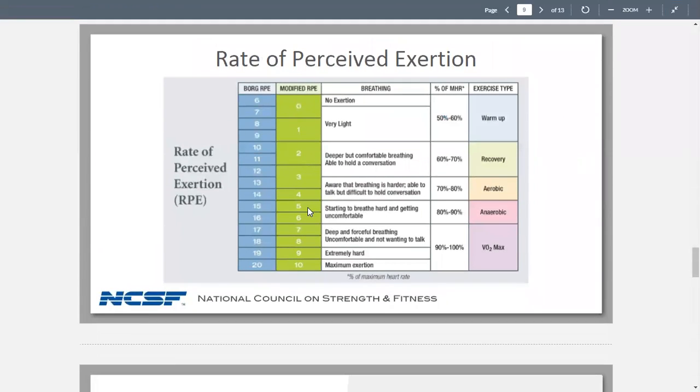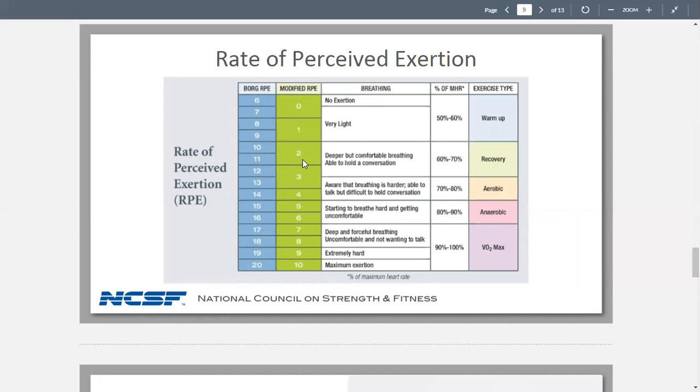Rate of perceived exertion: it's important that you use the Borg or modified RPE scale. The rate of perceived exertion is basically teaching the client what it feels like to them when they're working out, especially through ventilation. Ventilation is really important. At no exertion, very light, breathing is normal, 50 to 60%.